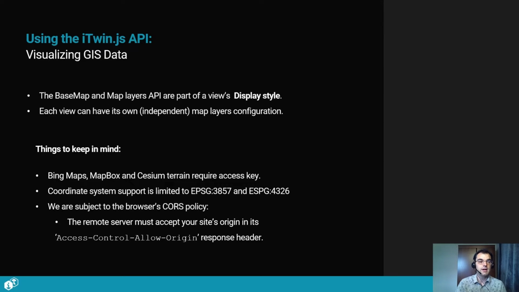So in most cases, we're going to be making cross-origin requests with the GIS web services, so the server needs to be correctly configured to provide the right Access-Control-Allow-Origin header.